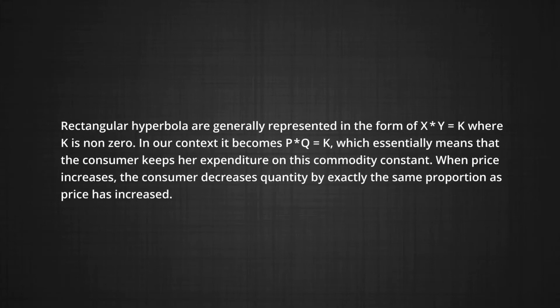So, this essentially means that the consumer keeps her expenditure on this commodity constant at some value K. When the price increases, the consumer decreases quantity purchased by exactly the same proportion as the price has increased.